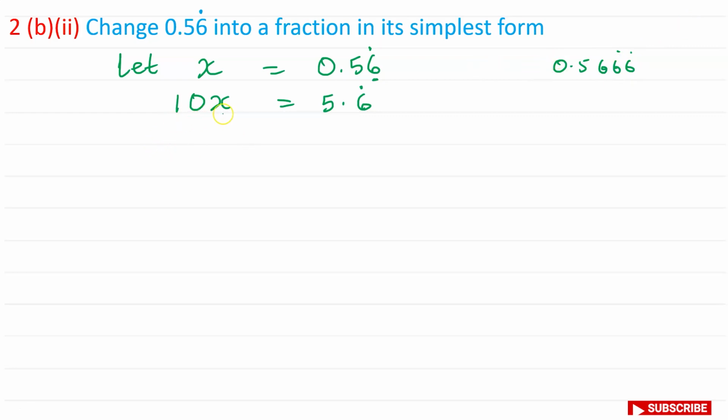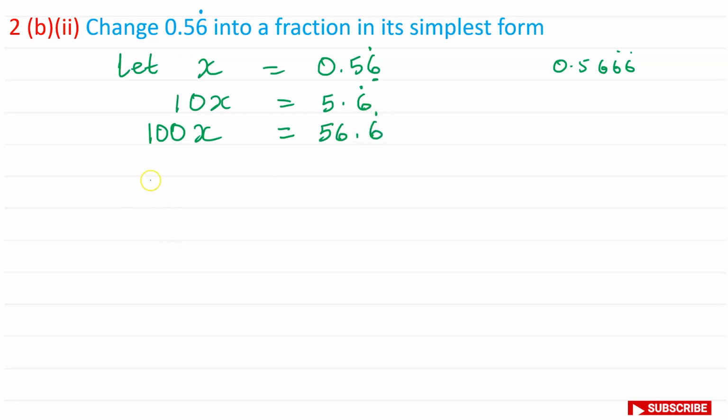Now if we do 10x take away x, that's not going to get rid of this recurring part because the 5 is not recurring. So we need to do one more. We need to have 100x. So 100x is going to be equal to multiply the original number by 100, which means we're going to have 56.6 recurring.